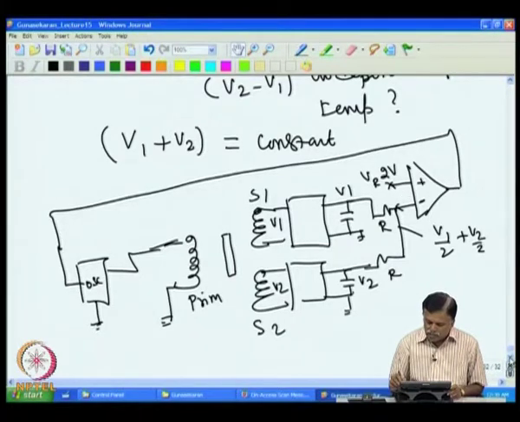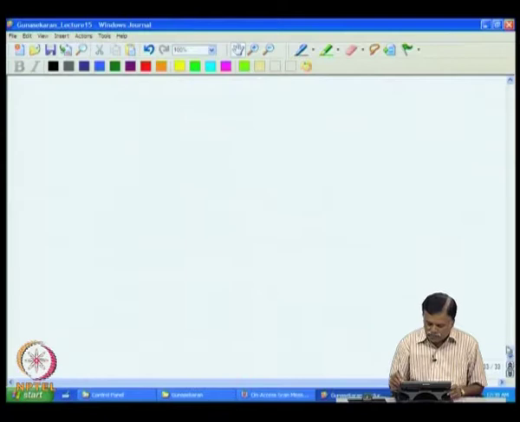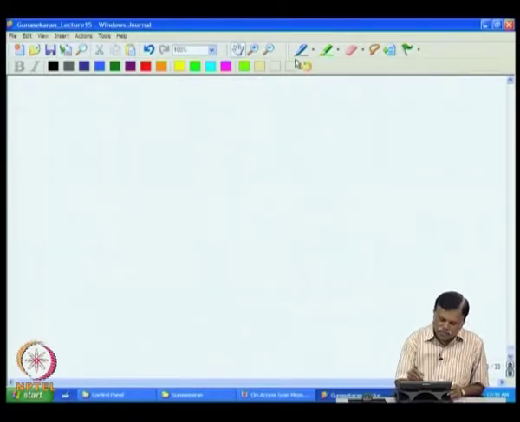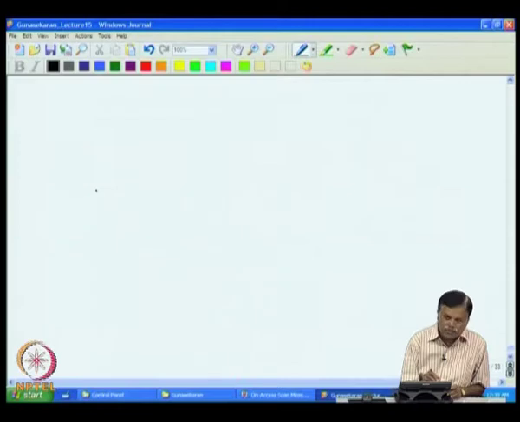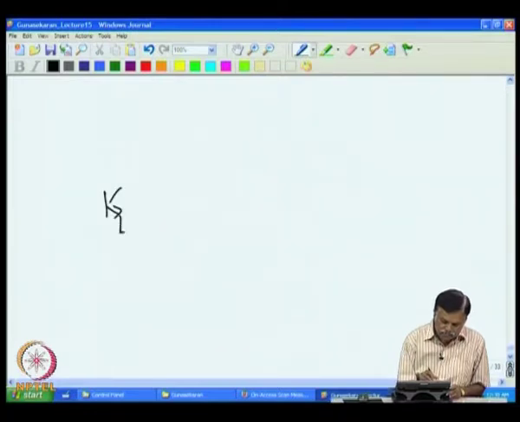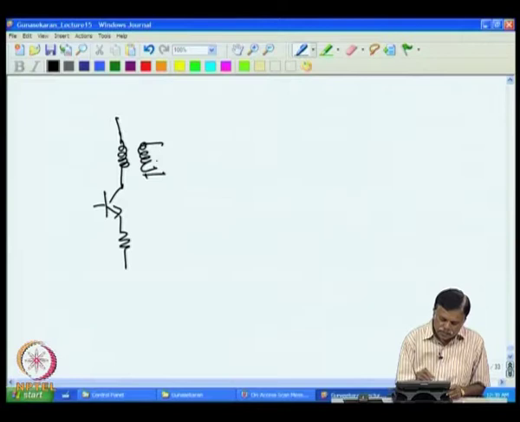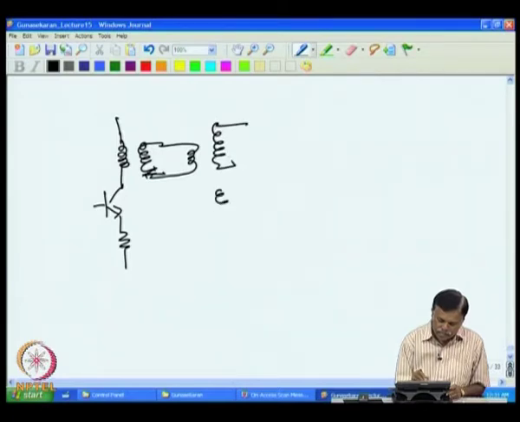Now if you want to build the exact circuit for this, we can do it like this. We will start from the oscillator, because we have to design the oscillator, and that should energize the LVDT. So use a transistor based Hartley oscillator. For example, we can have this, then we have the output here, which is actually one transformer that can be the primary of the LVDT, with the secondary here, secondary here.